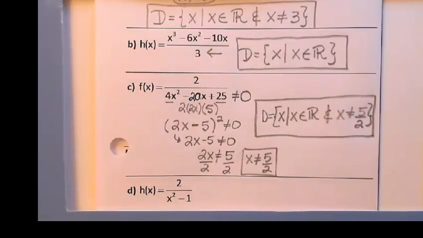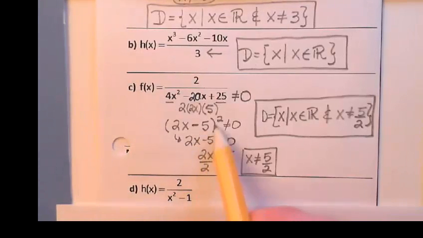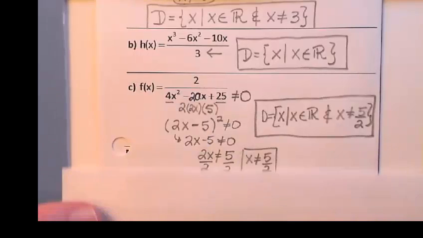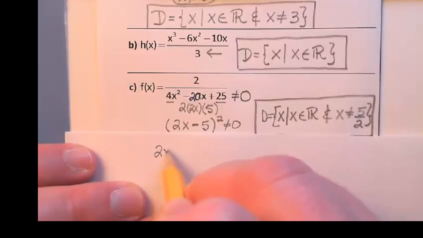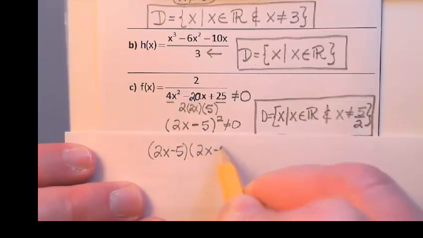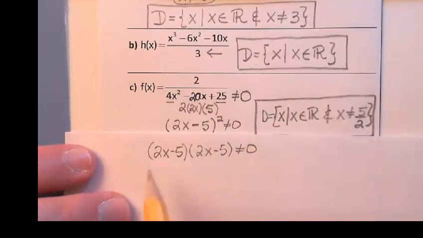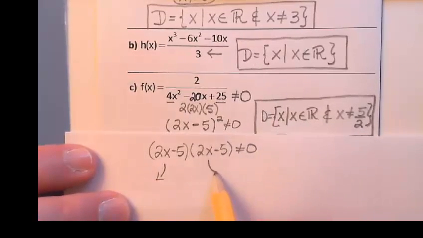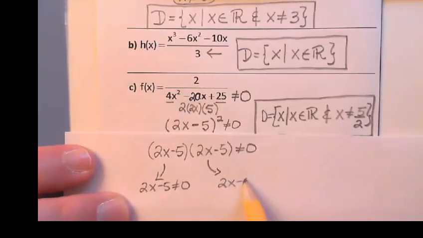I just wanted to clarify here, before moving on, why I was able to do this here and get rid of this square. Because in reality, this here is 2x minus 5, 2x minus 5. Right? And basically, if you remember, we split this as 2x minus 5 different than 0, 2x minus 5 different than 0.